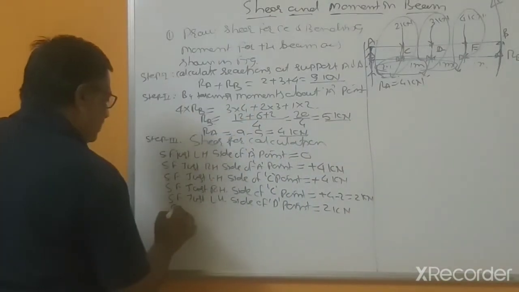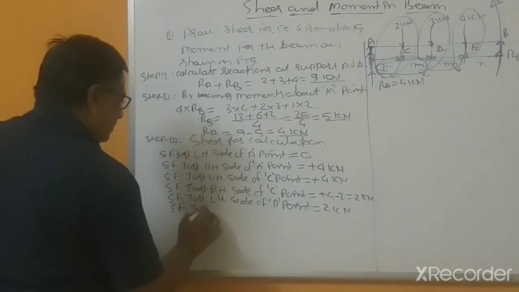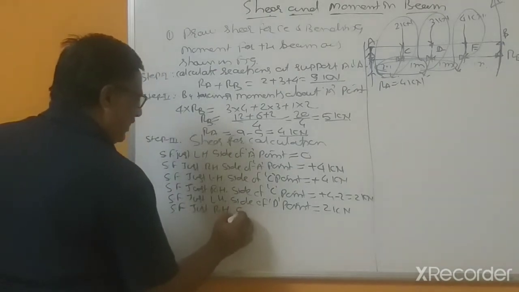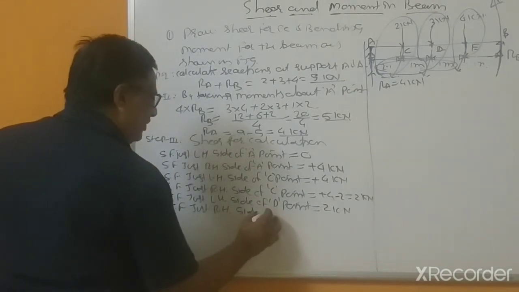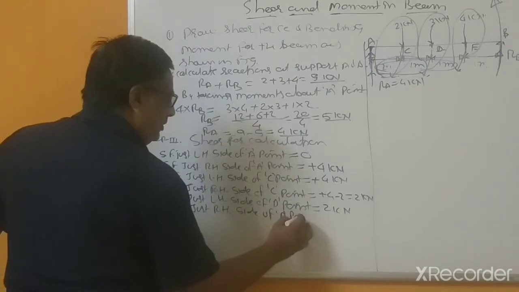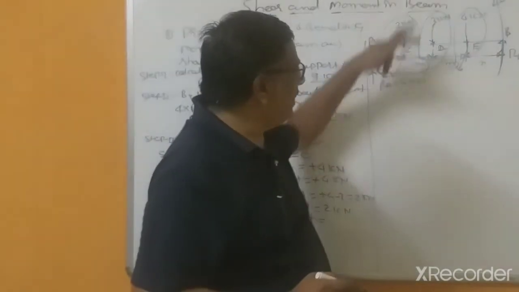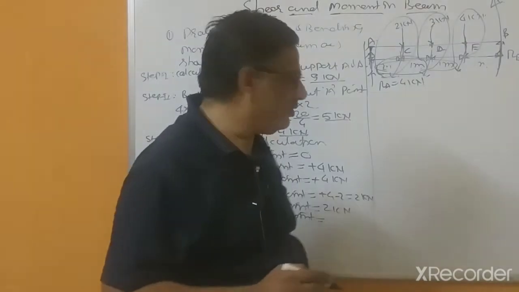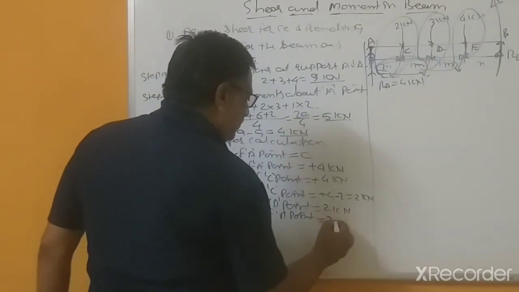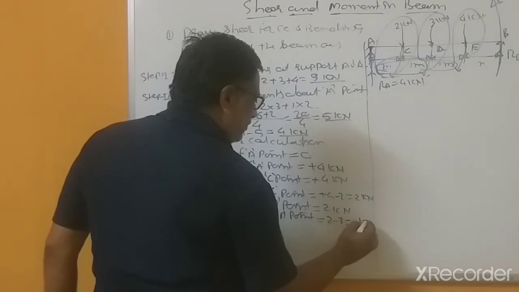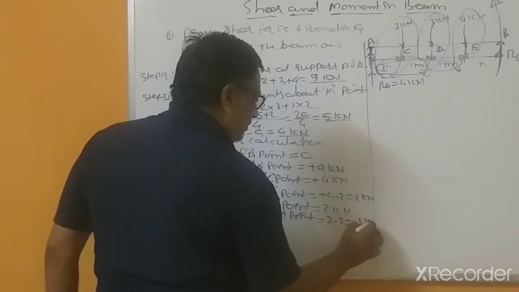Now shear force just right hand side of D point, this is equal to 2 kilonewtons, and the effect of the 3 kilonewtons has to be considered, so minus 3, which means this is minus 1 kilonewton.